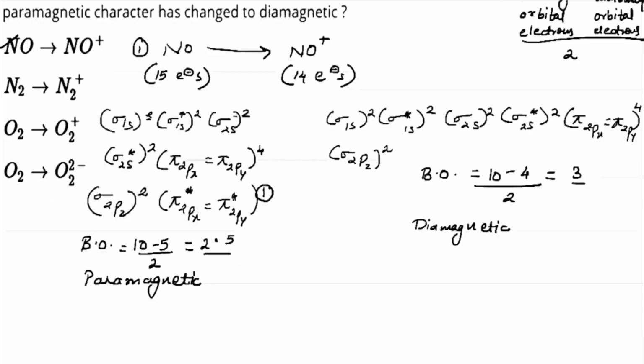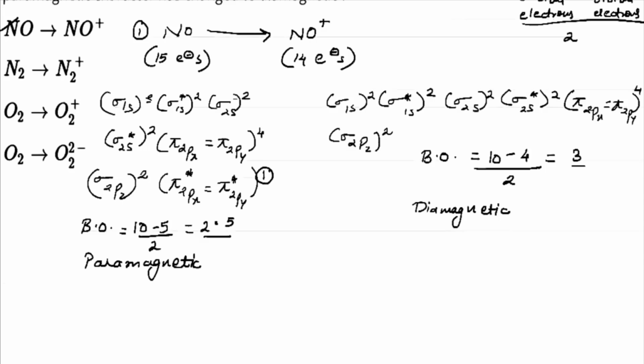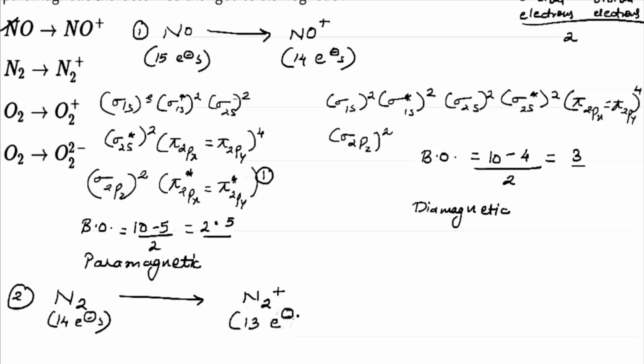But let us check for the others also. So the second process comes into the picture and it is the conversion of N2 to N2 plus. Now 7 electrons in each of the nitrogen atoms makes a total of 14 electrons and this 14 minus 1, that makes it the number of electrons for N2 plus, and that is going to be 13 electrons.